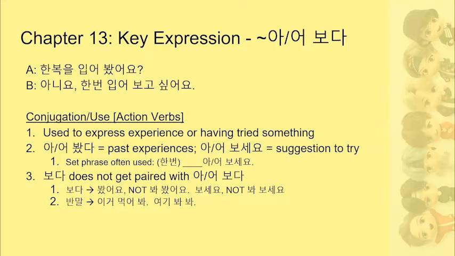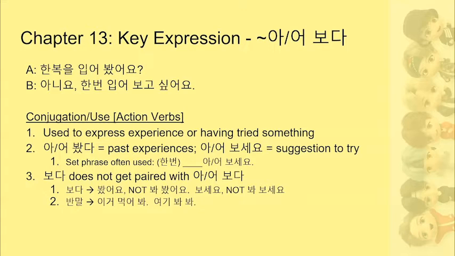So for number three here, I have written it out exactly as it shows up in the book, and this point is about how 보다 does not get paired with 아/어 보다, because basically my assumption is that this 보다 is the same verb as 아/어 보다, so it's basically duplicating the verb. So basically the book is telling you for 보다, you just use 봤어요, not 봐봤어요.